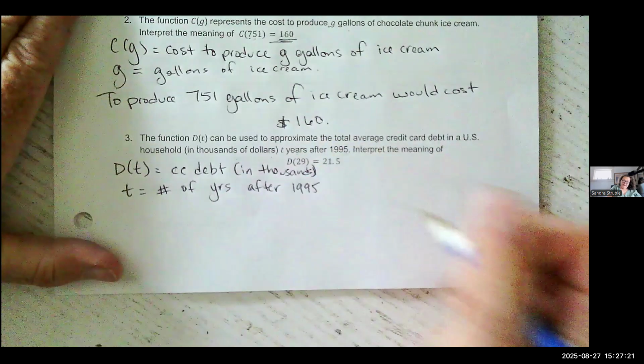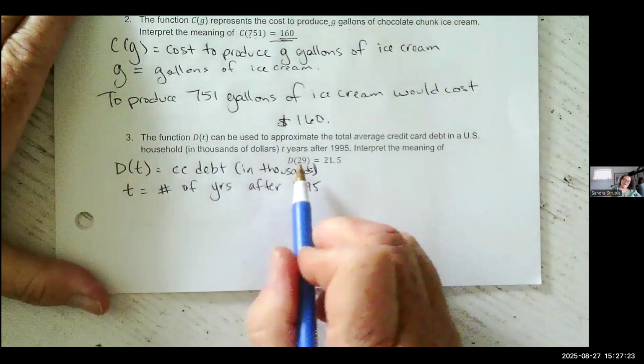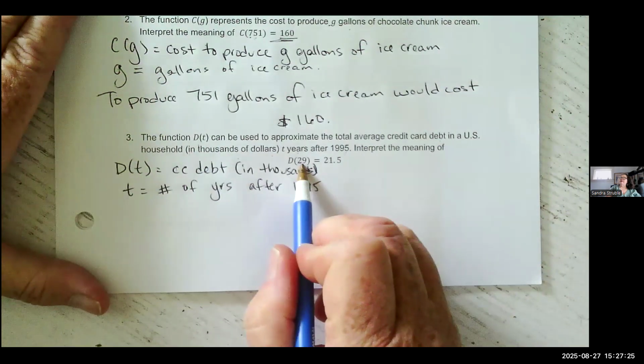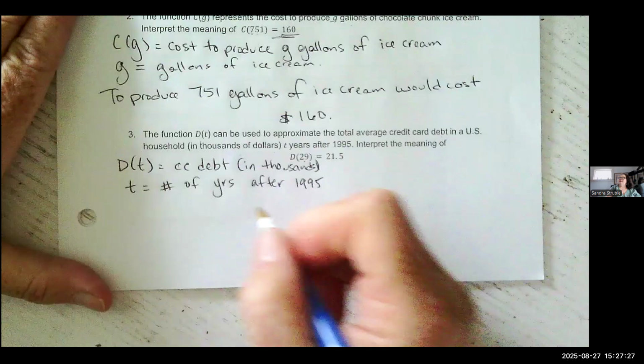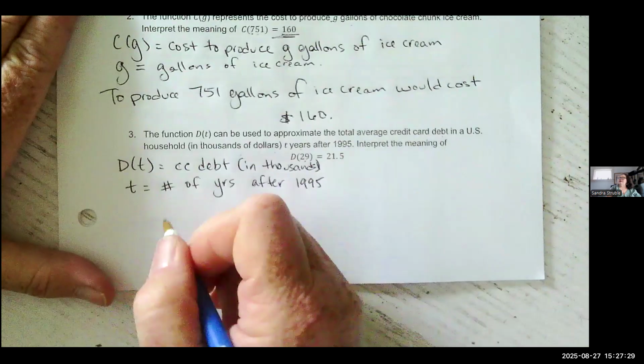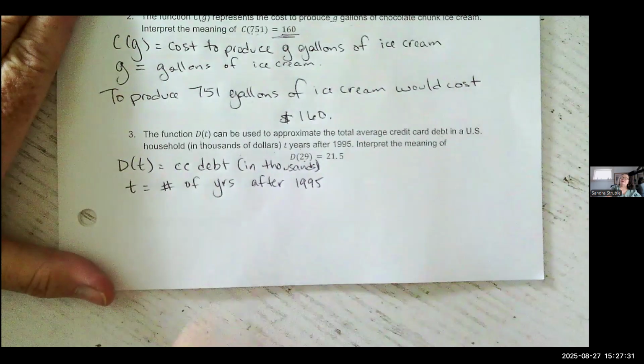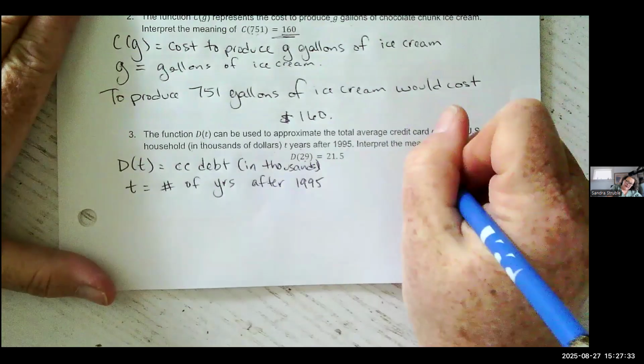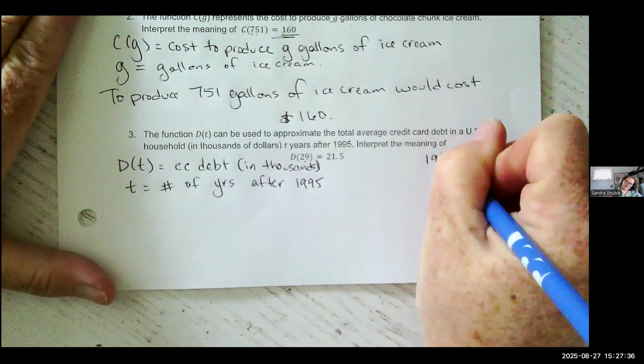So when you're interpreting this, it's 29 years after 1995. I don't want you to write in 29 years or 29 years after 1995. I want you to tell me what year that is. So take 1995, add 29 to it.